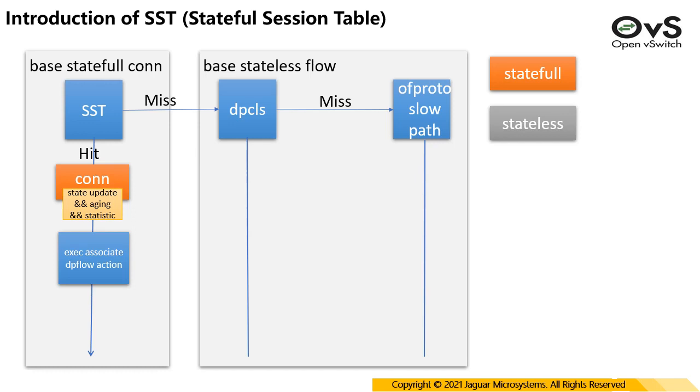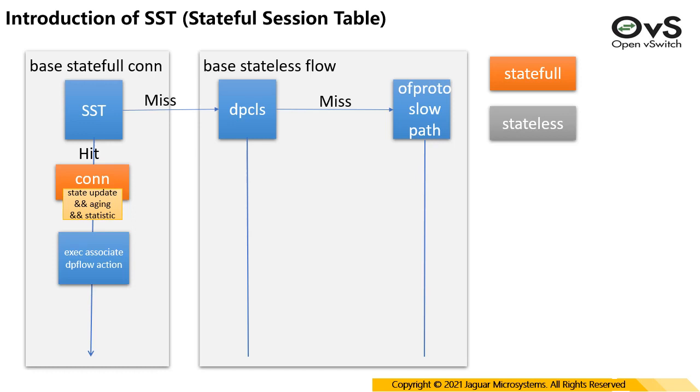The following packets from the same connection will hit the SST cache, and the actions will be directly executed. The connection status update, connection aging, as well as the per-connection statistics update are all packet-driven.